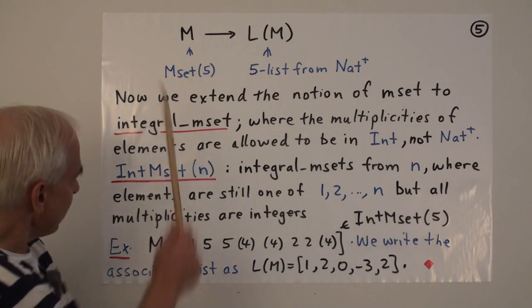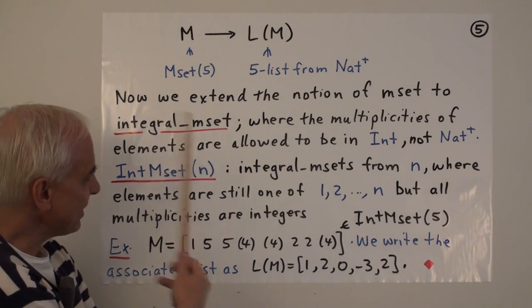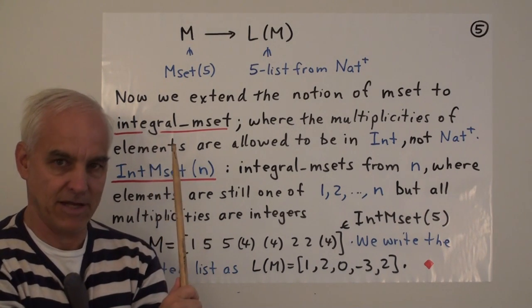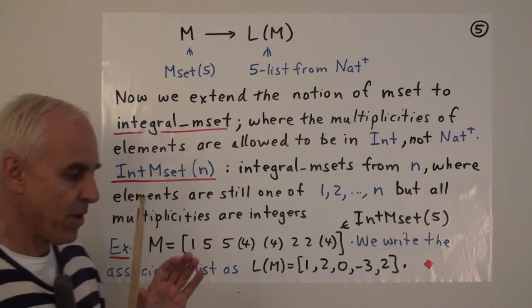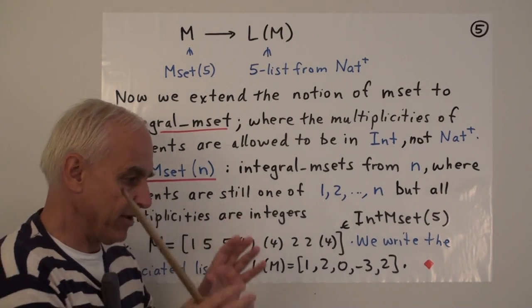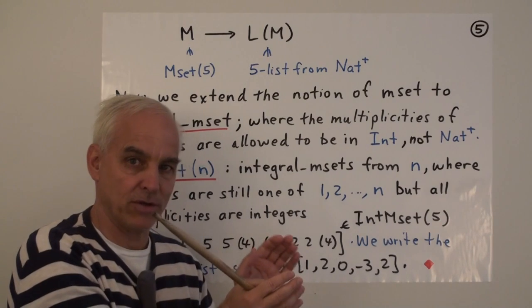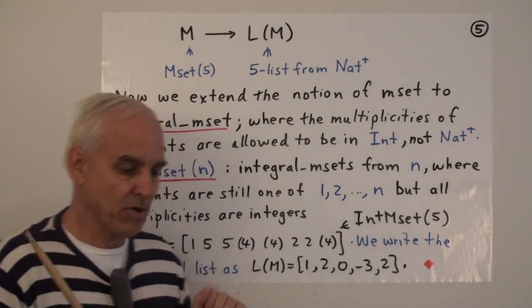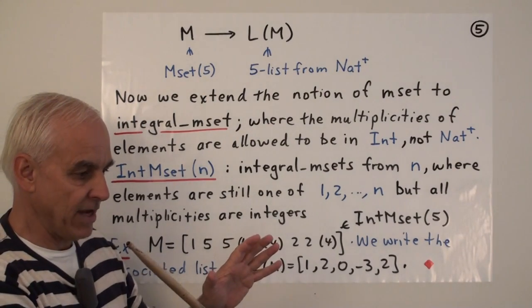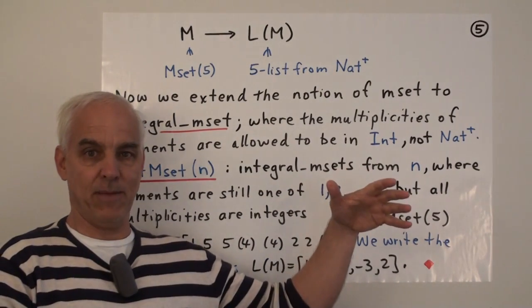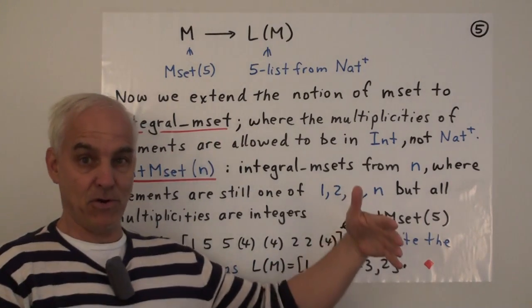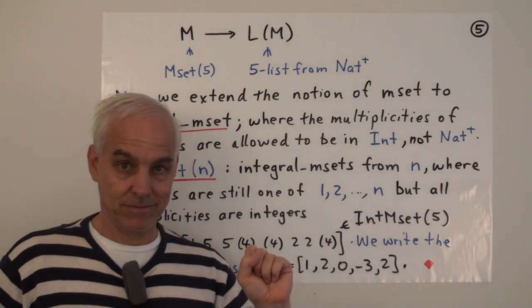So I'm going to do that to suggest to you that the integral is not an adjective applied to mset. So we're not talking about looking at msets and then inside msets finding particular things called integral msets. What we're doing is rather going the other direction, where we have the notion of mset and now we want to enlarge the notion of an mset to an integral mset. So this is a bigger notion, not a smaller notion.